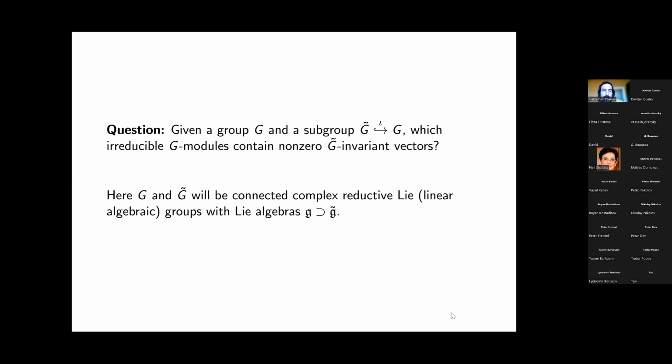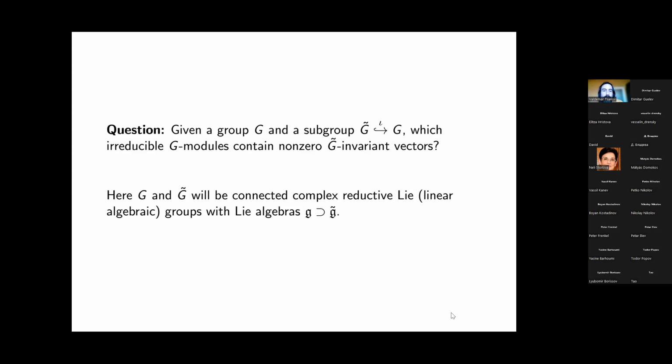So with all of this, let me just phrase a very simple question. If we have a group and a subgroup, we can ask which irreducible modules of the larger group admit invariant vectors with respect to the subgroup. This is a very basic question, almost no assumptions. But underneath are the assumptions that I will have here. So I take reductive complex groups.